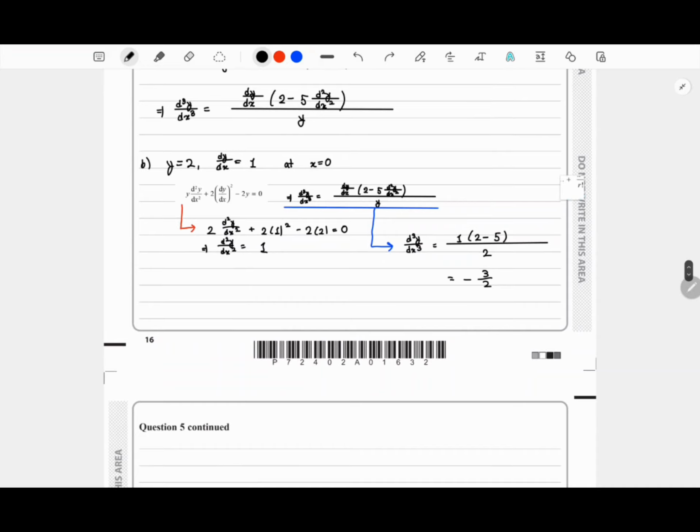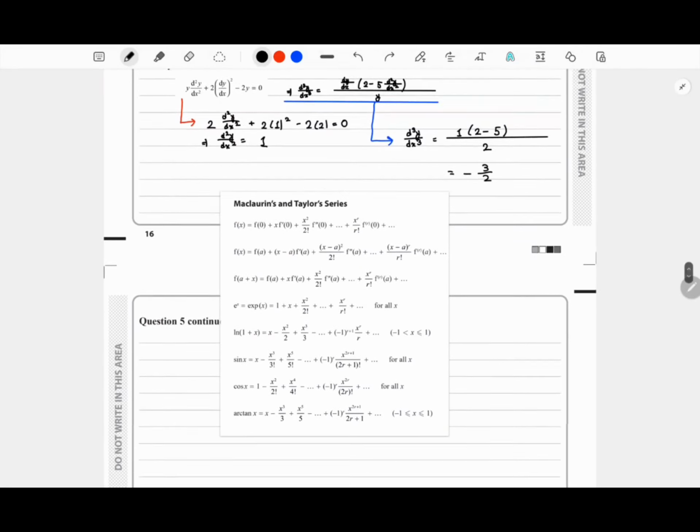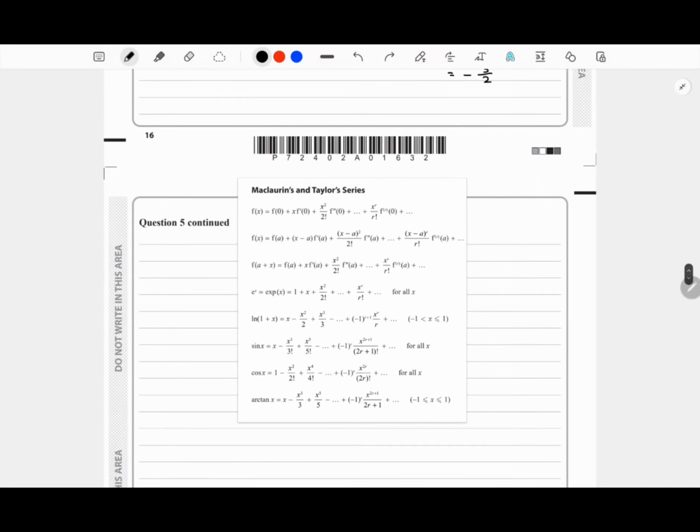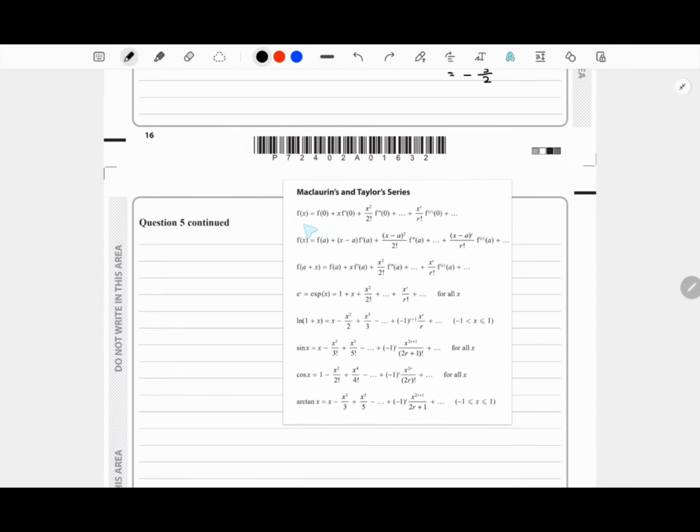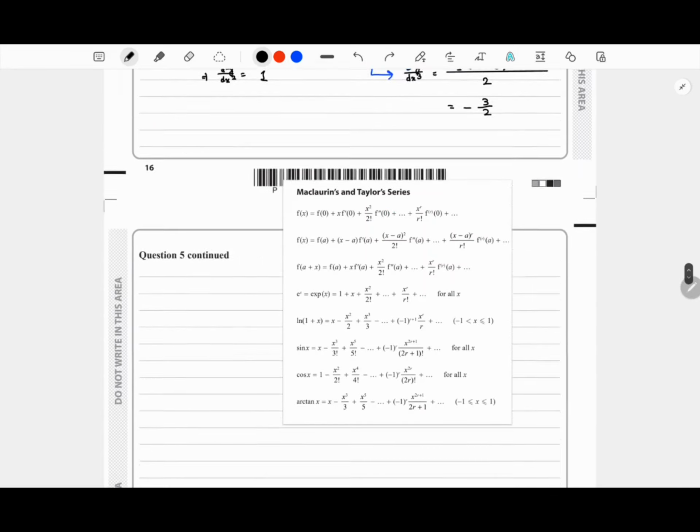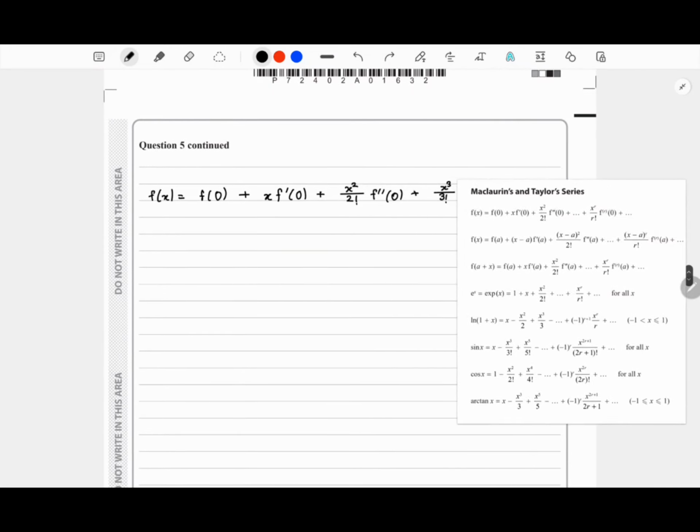And now we look at the Maclaurin and Taylor series formula that we are given. As x equals 0, we can apply the first formula here of f of x equals f of 0 plus x f prime of 0 plus x squared by 2 factorial times the second derivative of y at 0. So we know those values.